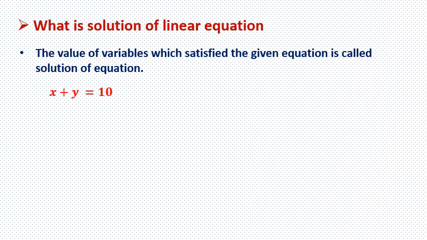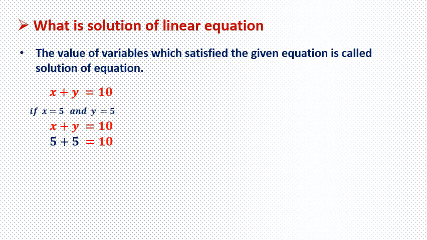For example, we have the equation x plus y equal to 10. If we take the value of x as 5 and the value of y is also 5, so x and y both are equal to 5. When we substitute the values of the variables in the equation x plus y equal to 10, it will become 5 plus 5 equal to 10.